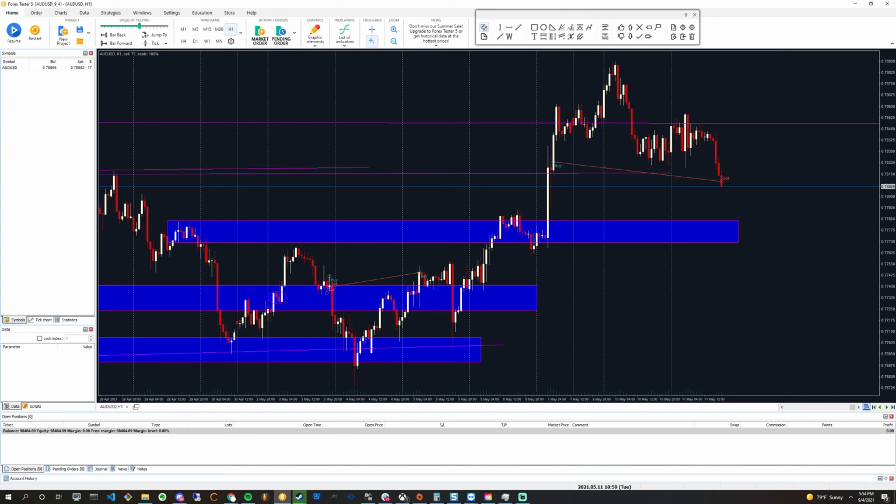So that means I have to refine my entries. I guess I could just take partials off of my normal lot size, and that would be fine, but I kind of want the same profit. I guess at this point I could just take any profit at all.